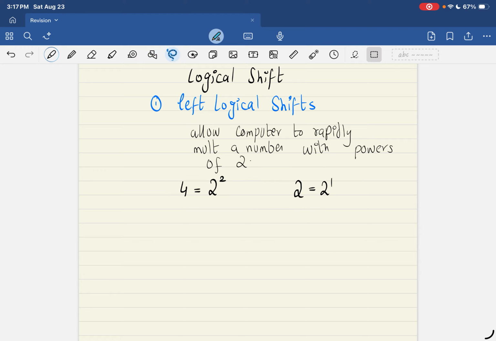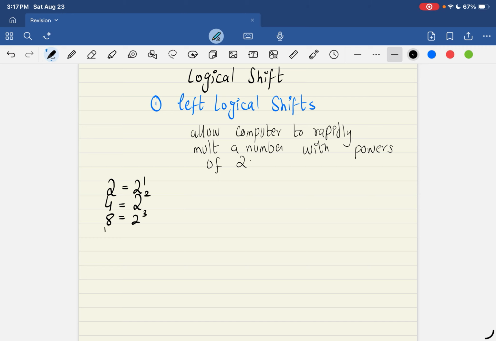Actually, let me just write them down in a single line like this. What's the next power that we can write down? 2 raised to the power 3, that's 8. Then 16 we can express as 2 raised to the power 4, right? So these powers are going to be really important over here. What power does 2 have in order to make these numbers that you are going to multiply your given number in the question with?